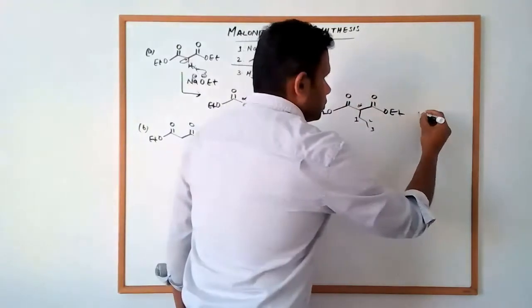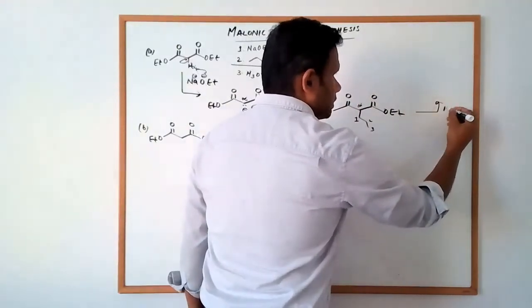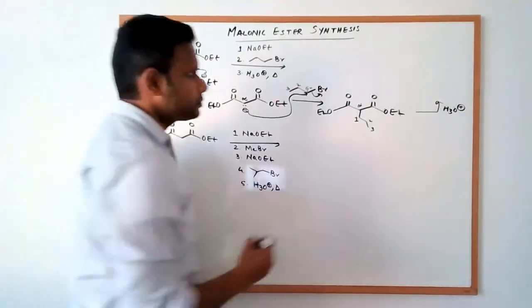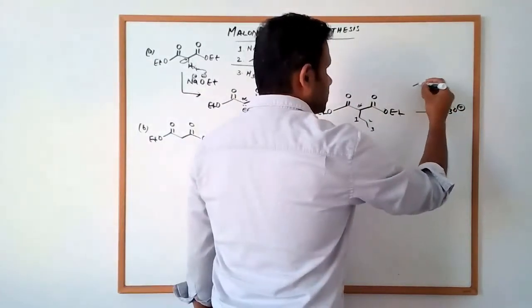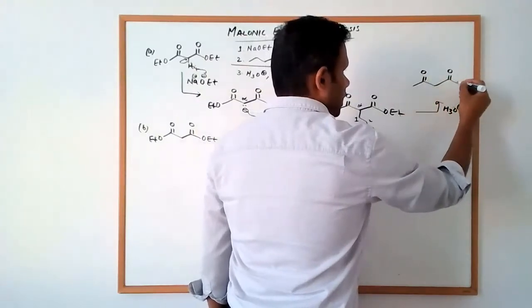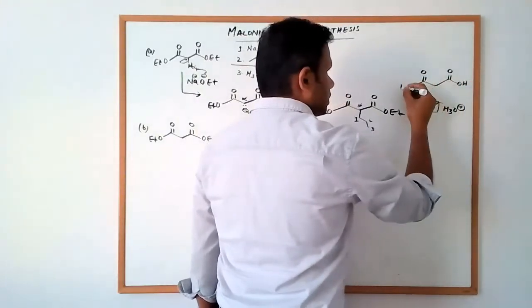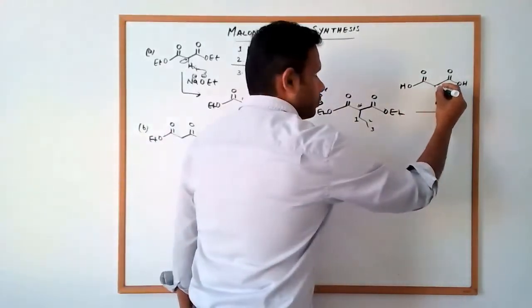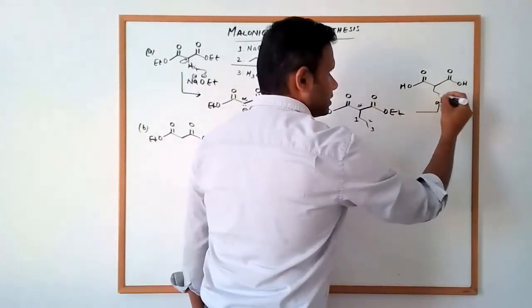Now, when we do the hydrolysis, H3O plus, when we do the hydrolysis, the diethyl malonate will hydrolyze to the carboxylic acid. The propyl chain is still here.